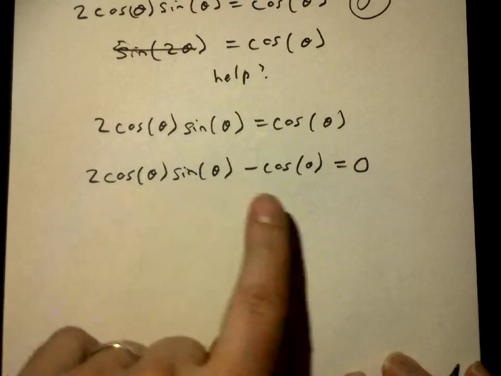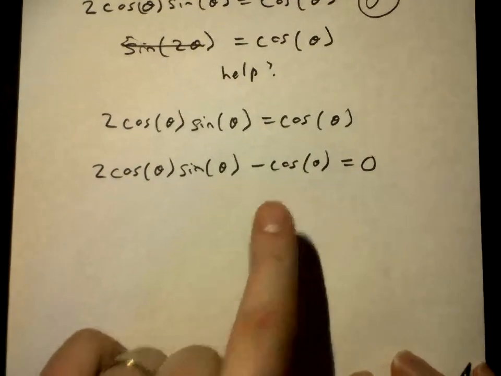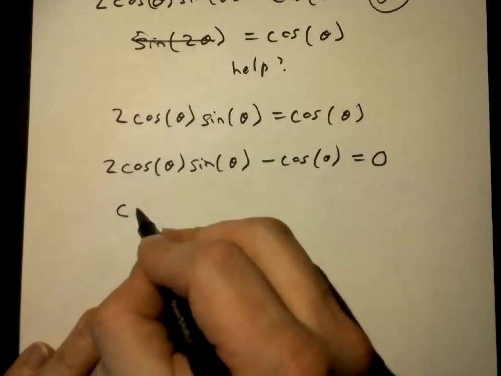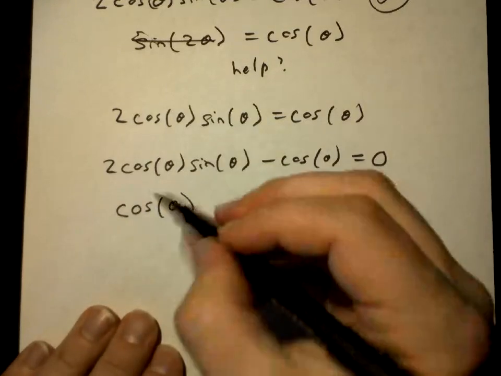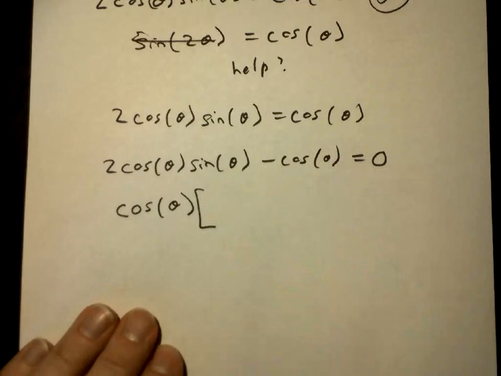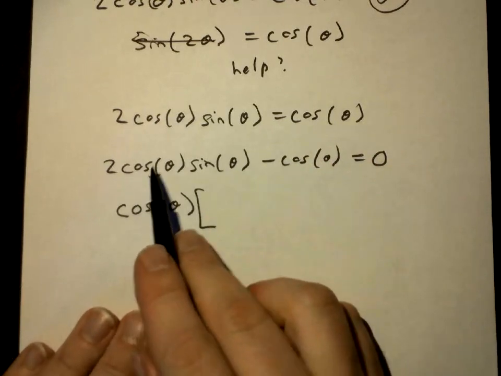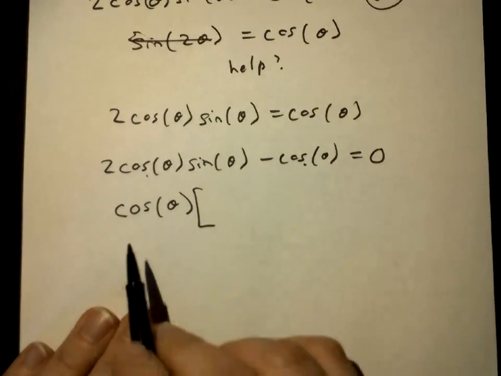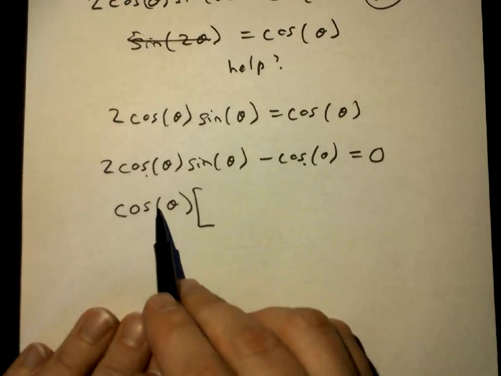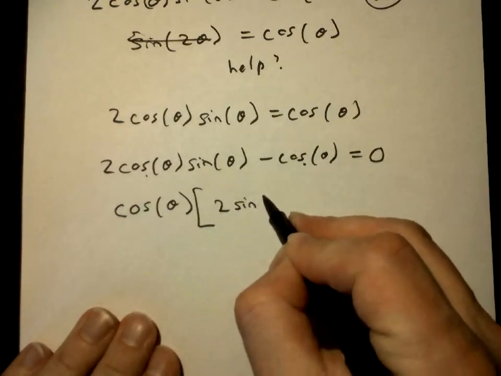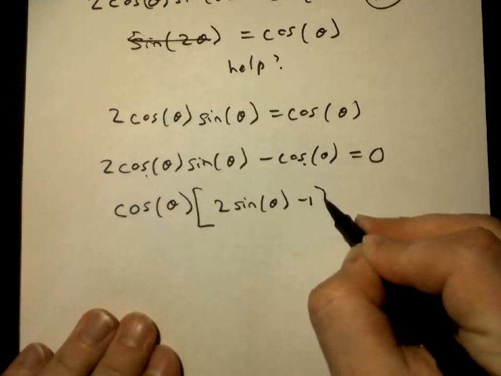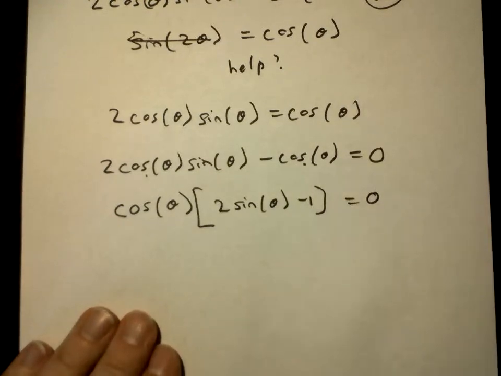I have cosine here, cosine here. I'm going to bring out a GCF of cosine. And the reason I'm bringing out a cosine, because I have a cosine, well, that means I can take out a GCF. And that's going to be 2 sine theta minus 1 equals 0.